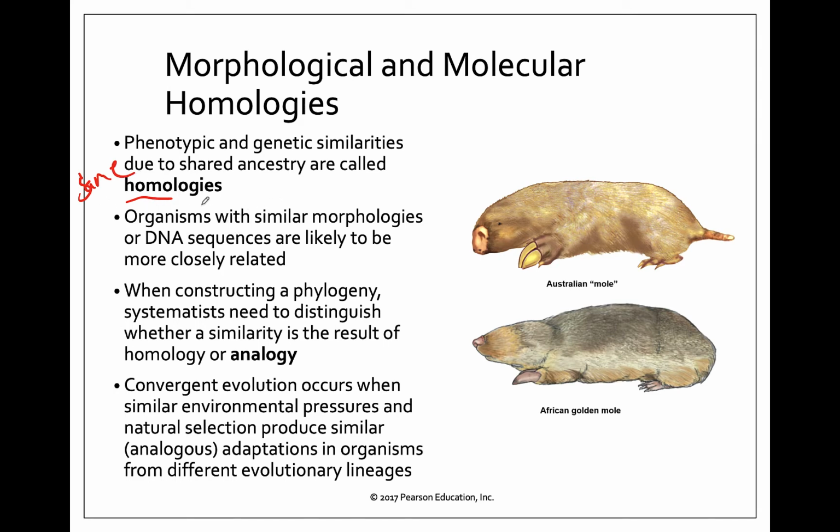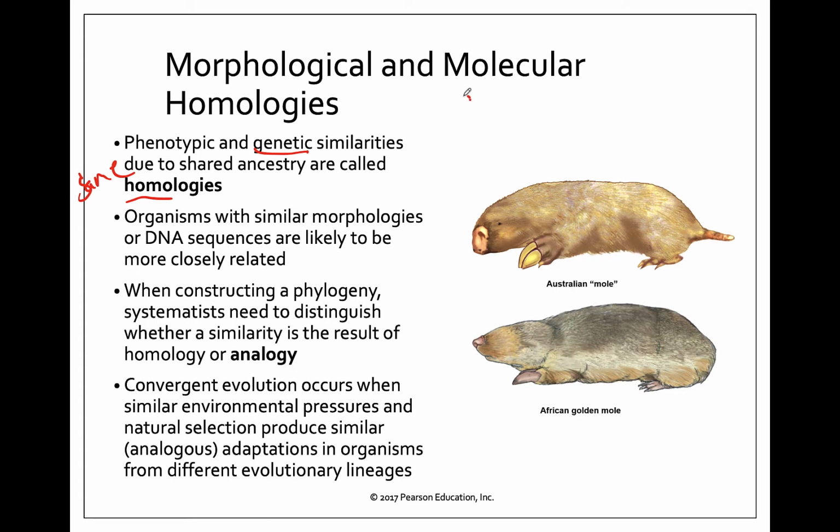A lot of the time, organisms that are actually evolutionarily related to each other will look similar, and those characteristics are called homologies. They're also based on genetics, so a lot of the time we'll use physical characteristics and genetic similarities to verify that two organisms are in fact homologous.